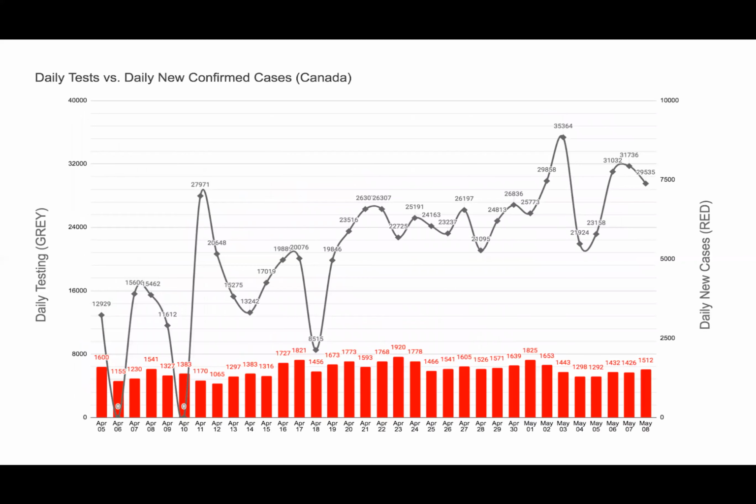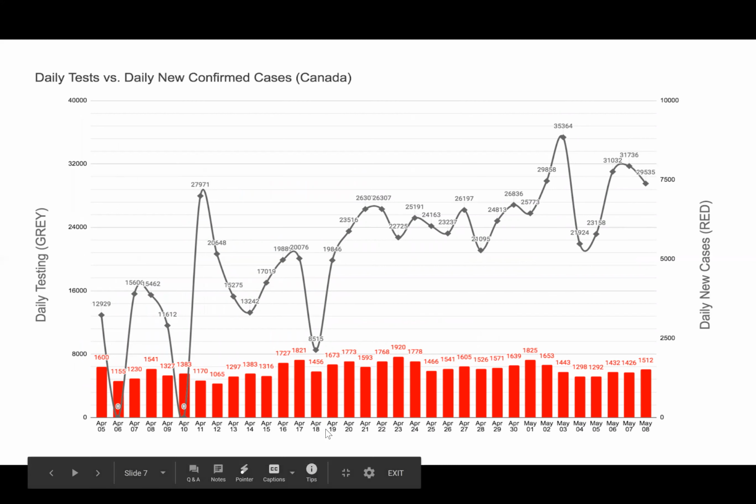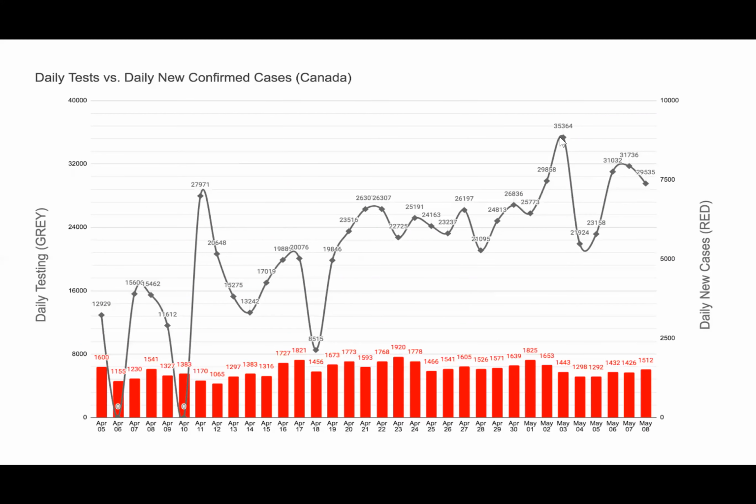So if we look at Canada, what have we got here? So this is over a little over a month, from April 5th through May 8th. The gray line is the number of daily tests completed in Canada, and you'll see more about this in a minute, but it's trending up over the last month.